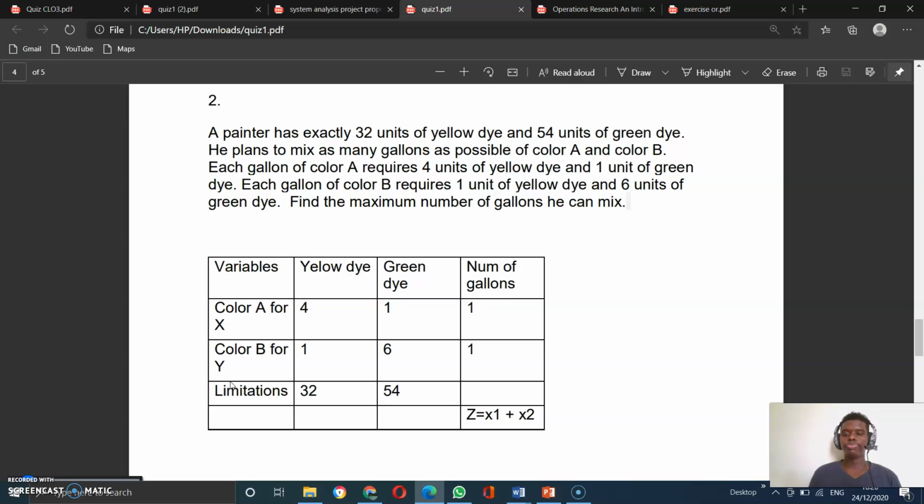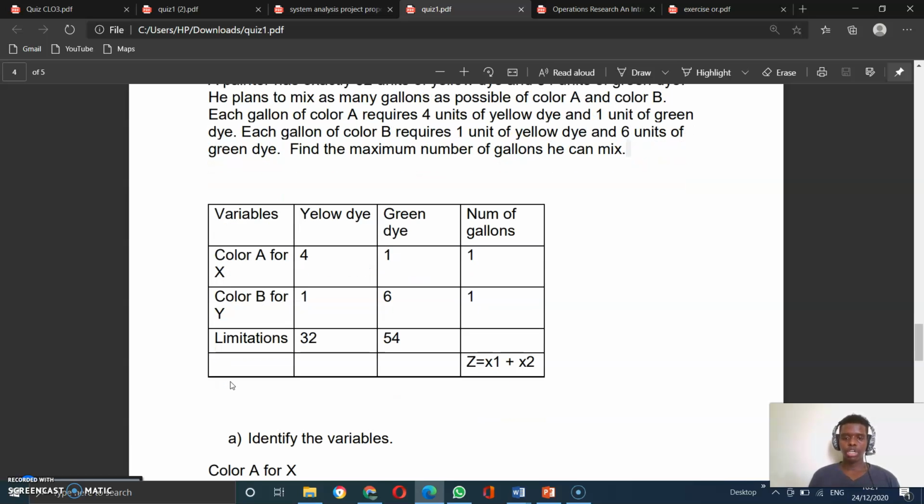So we have to maximize the number of gallons. The yellow dye limit is 32, which means 4x plus y is less than or equal to 32. Similarly for green dye, it is 54, which means x plus 6y is less than or equal to 54.